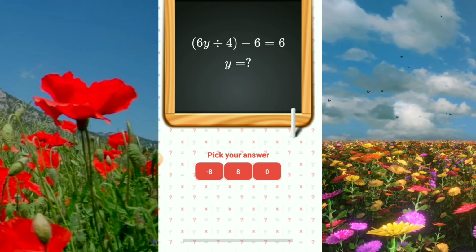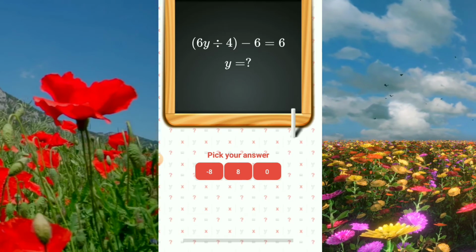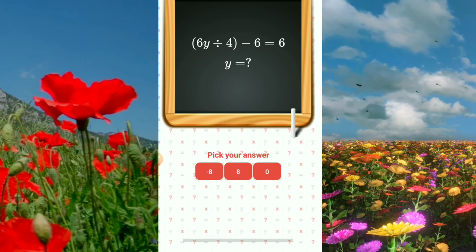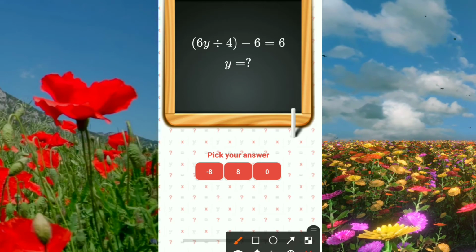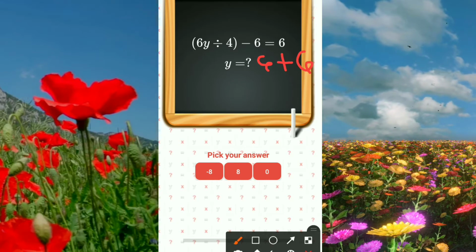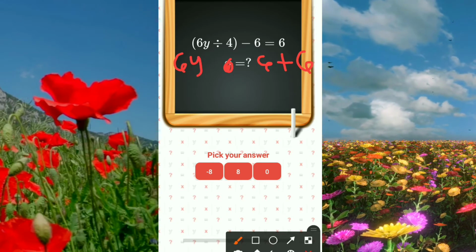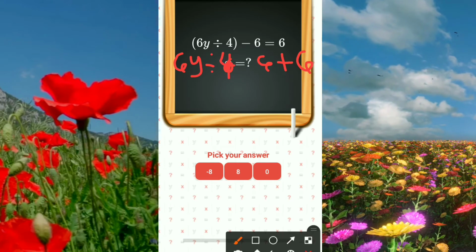we need to add the 6 to both sides to remove negative 6 from the left. So 6 plus 6. So burahin muna natin yung y and then we copy the 6y divided by 4.